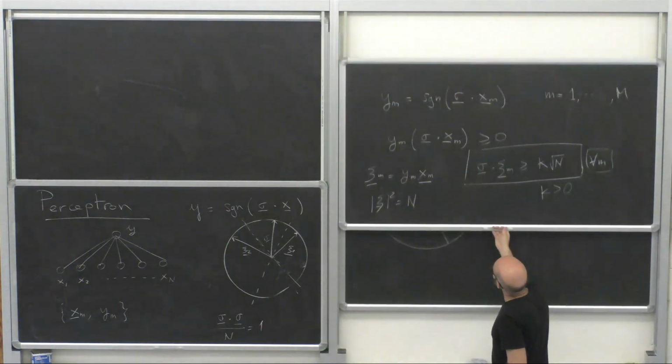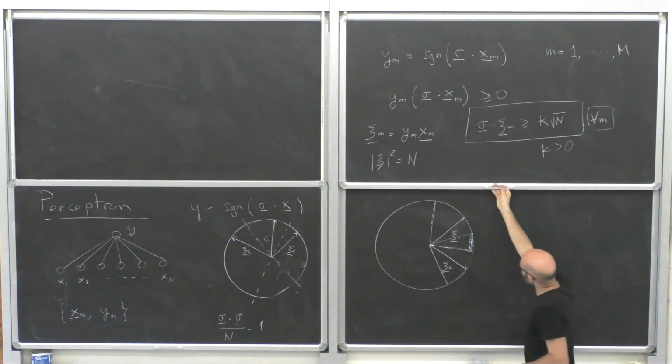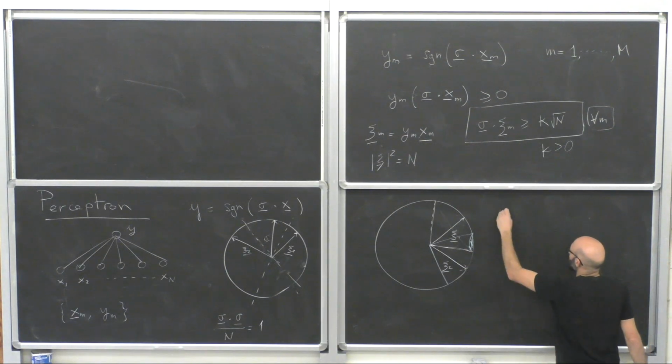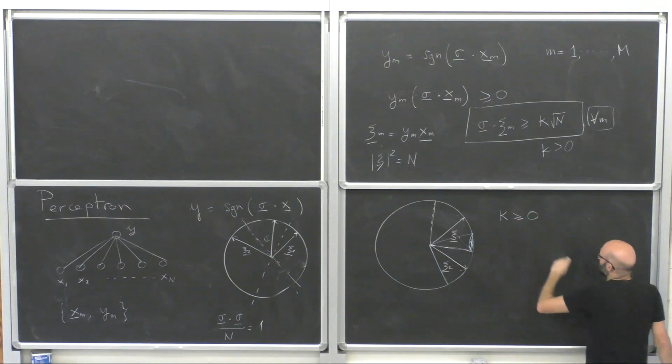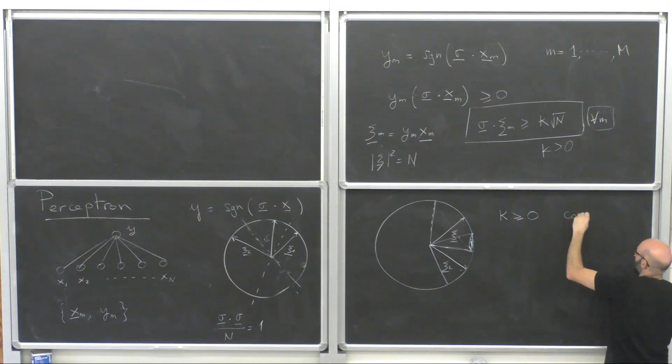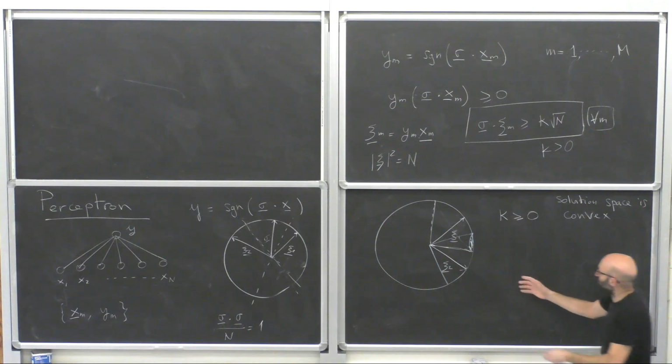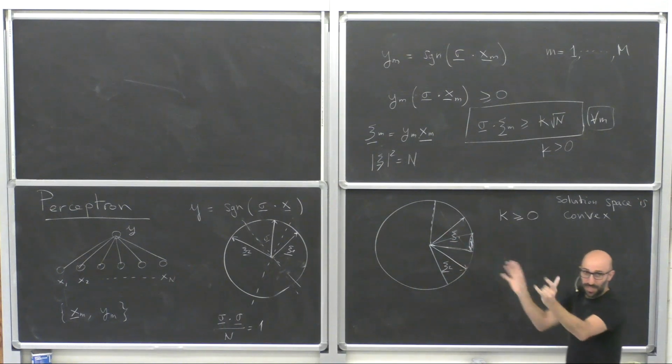Okay, so now you see two things. The first thing is that for kappa positive, the problem is convex. The solution space is convex in the sense that, okay, when you have one obstacle, it's a spherical cap.